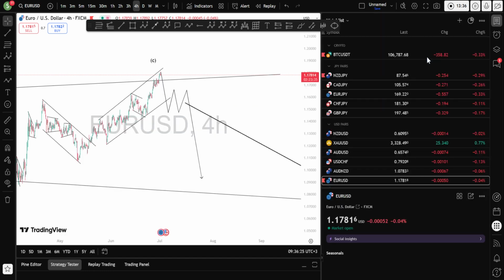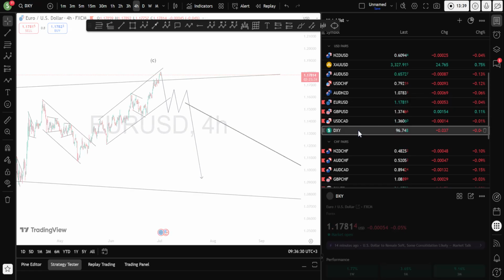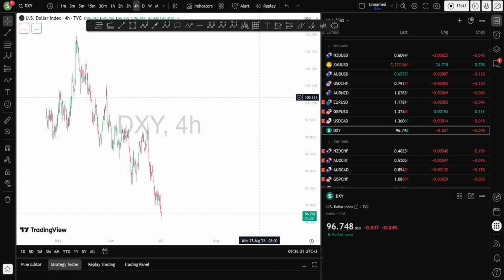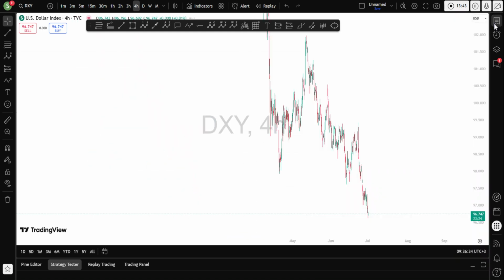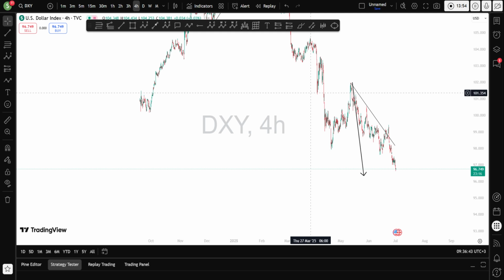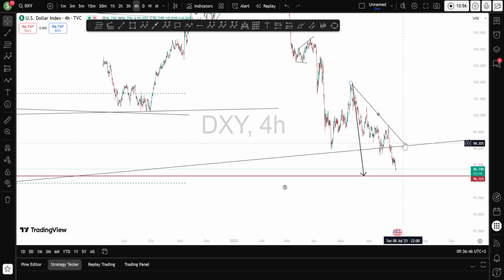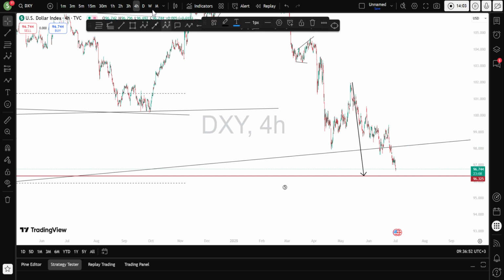EURUSD is negatively correlated to DXY. If you can check on DXY, we were anticipating a bearish move. We have been having a bearish move for a very long time.